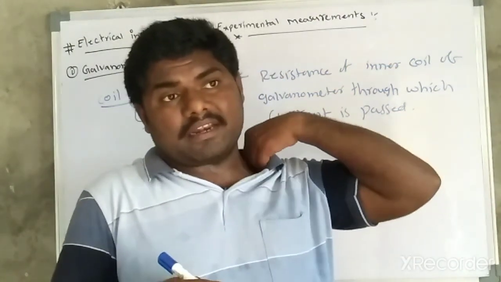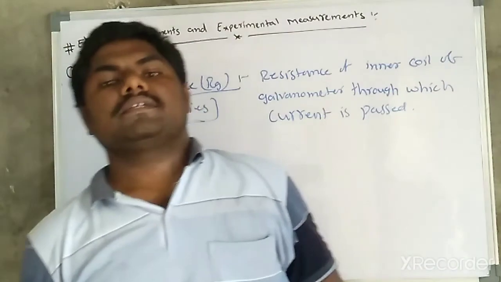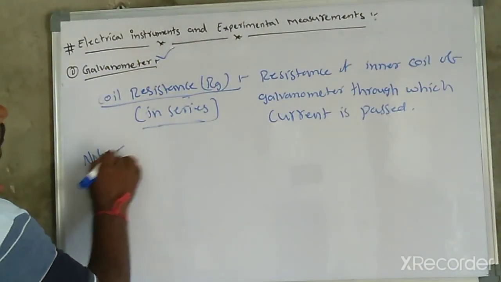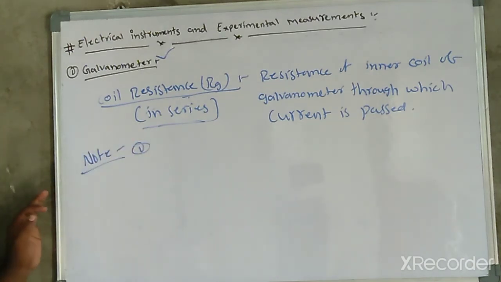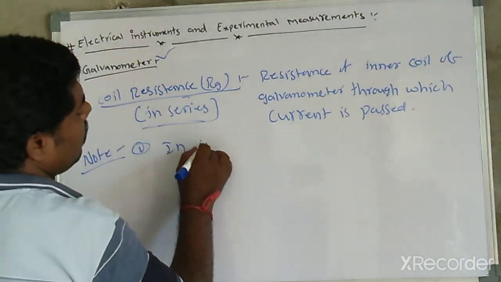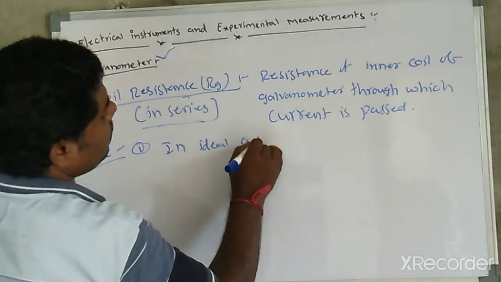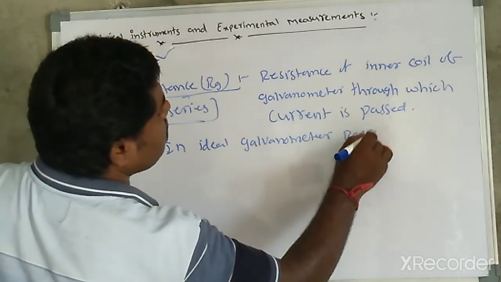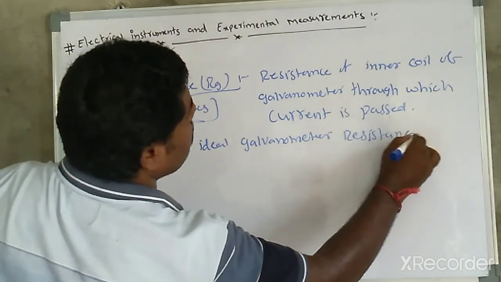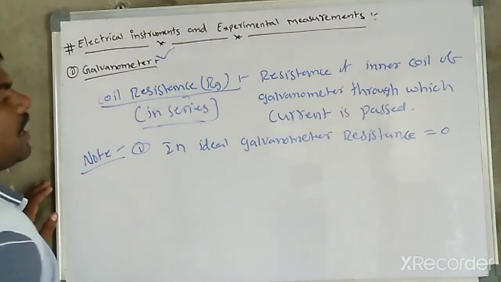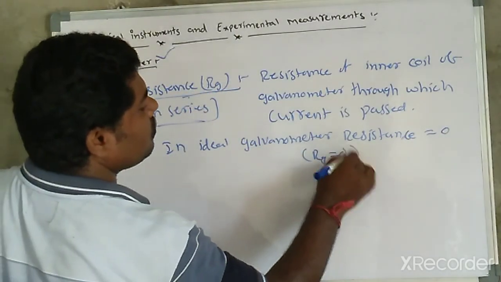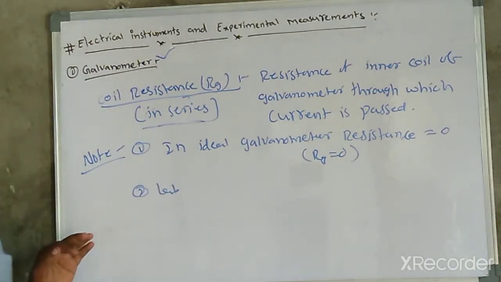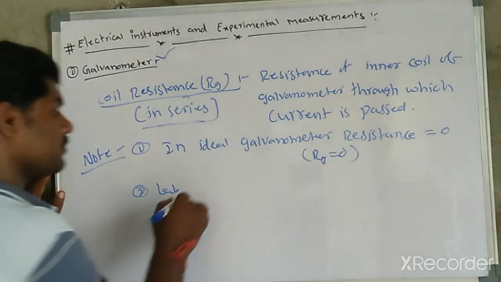But in our laboratory galvanometer, some internal resistance exists. So in the first case, the ideal galvanometer resistance is equal to 0, so Rg is equal to 0. In the second one, the laboratory galvanometer.